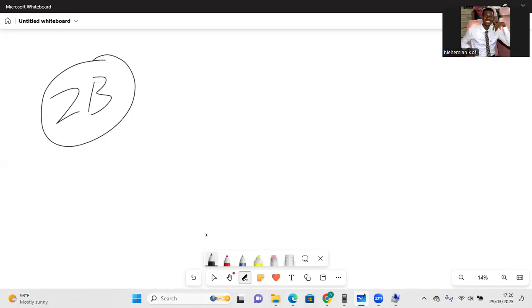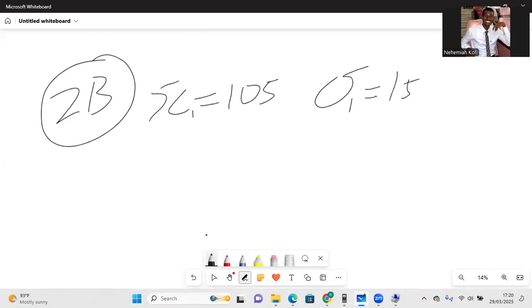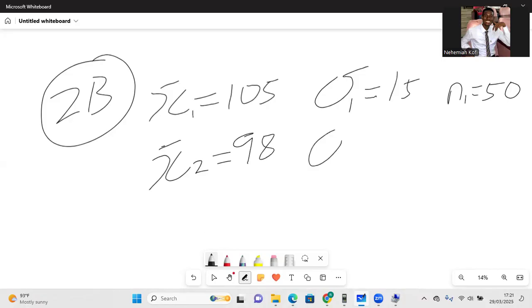Now the question had the mean for the first one, which is 105. Then the standard deviation for the first one, which is 15. And then n for the first one, which is 50. Now, we also have x2, which is 98.